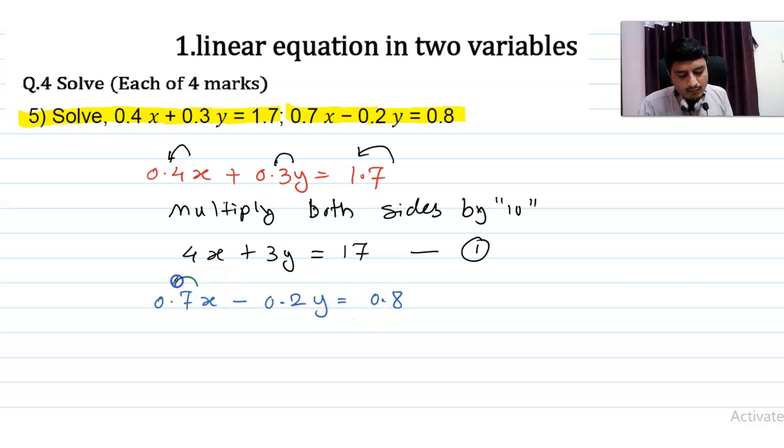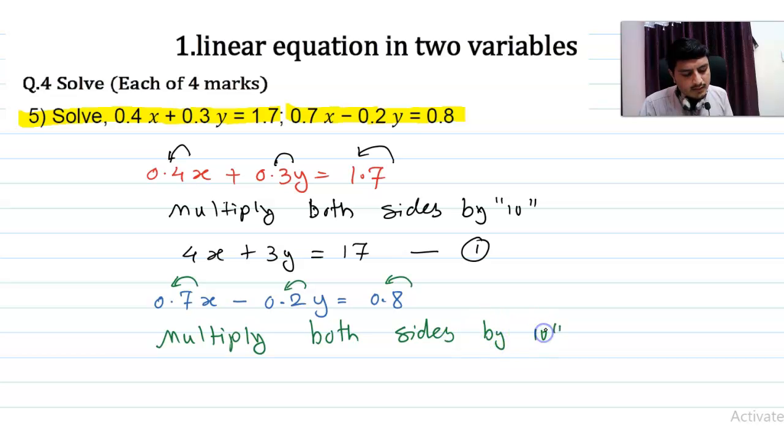Again we have the decimal point after one place in the coefficients of x and y on the LHS, and the same after one place in the constant on the RHS. So multiply both sides again by 10 to convert the decimals into integer values. 0.7 into 10 is 7, x as it is, minus 0.2 into 10 is 2, y as it is, equals 0.8 into 10, that is 8. Call it equation number 2.